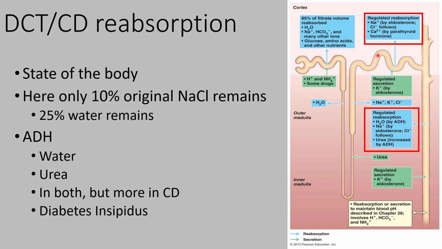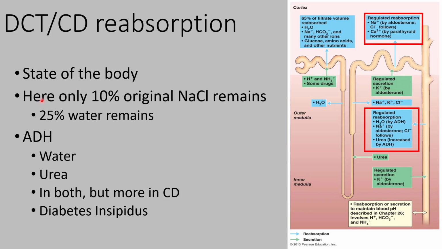But the distal convoluted tubule and the collecting duct change what they do based on the state of the body. So when we talk about what they reabsorb and what they secrete, it's going to be different from time to time, based on what the body needs.